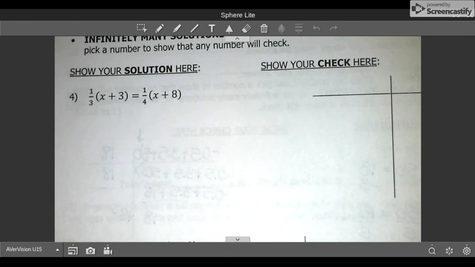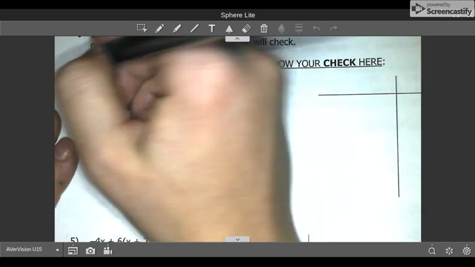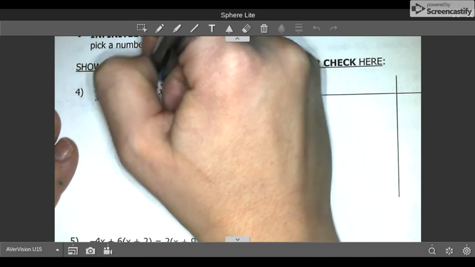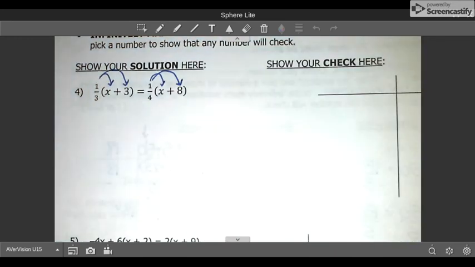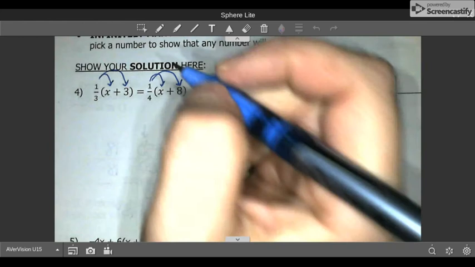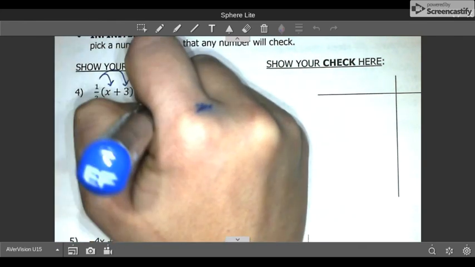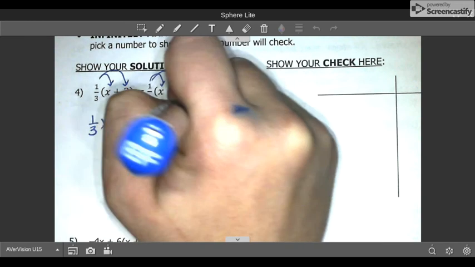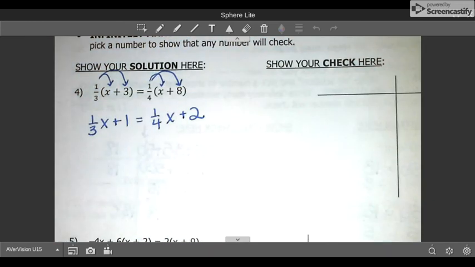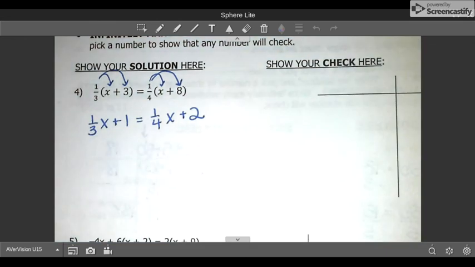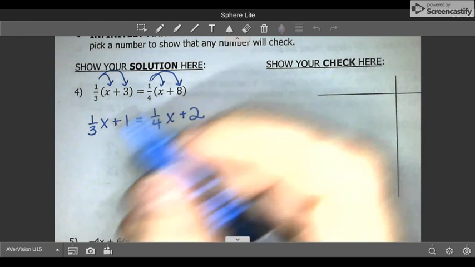The first thing I would do is distribute the 1/3 to everything inside the parentheses and distribute the 1/4 to everything inside of the parentheses. So I'm going to have 1/3 x plus 1 equals 1/4 x plus 2. The next thing I would do is subtract the one with the lower coefficient. Actually, maybe I'm going to make these into common denominators first.